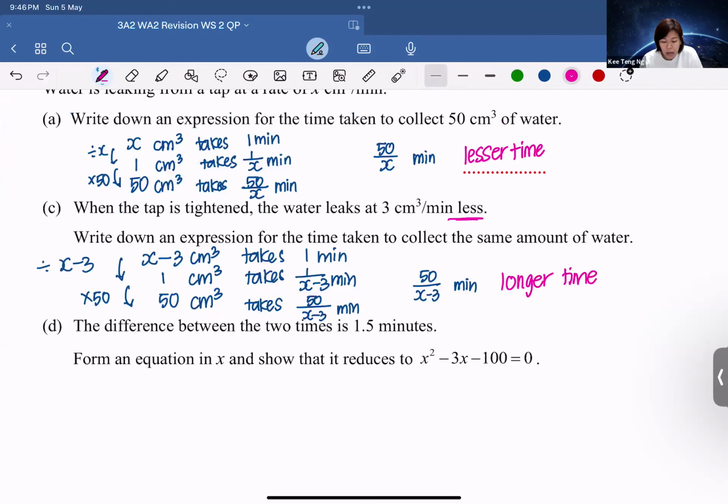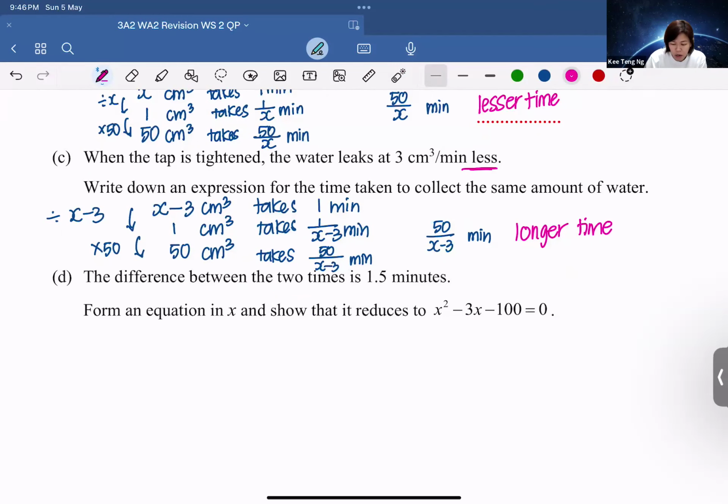Then now the question says the difference is 1.5 minutes. Something to take note: this is the same unit as all of this over here. So hence, I do not need to change the units. I can use 1.5 directly. Now I want the difference. How do we find the difference? Do we take big minus small or small minus big? We should take the longer minus the shorter one, or big minus small.